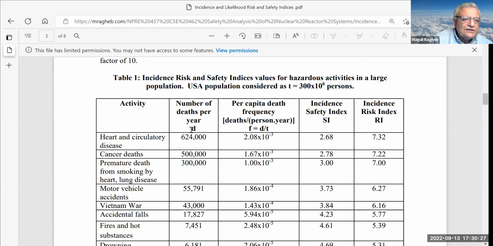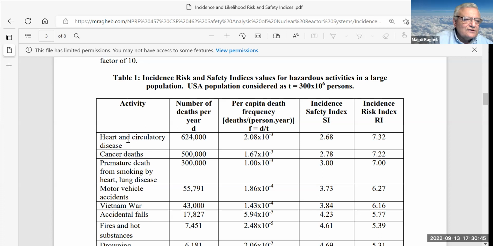So this is our D in the equation that we derived earlier. The cancer deaths are the second cause of death in the United States, 500,000. Premature deaths from smoking by heart and lung disease, 300,000.